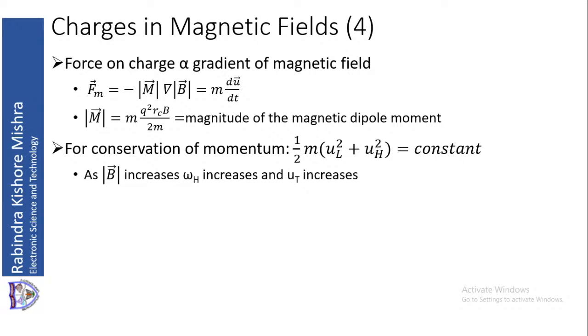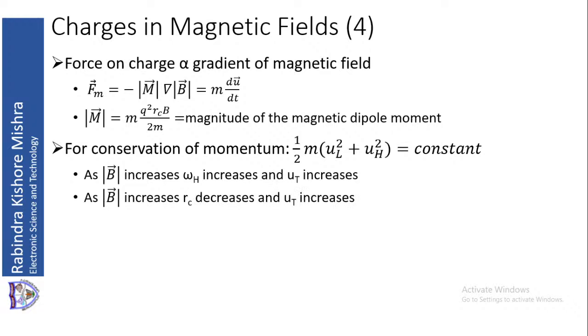As B increases, these are going to increase. So omega h and omega t will be maximum at the pole, and ut will be maximum at the pole and minimum at the equator. This is one point that you should remember. This comes from conservation of momentum.